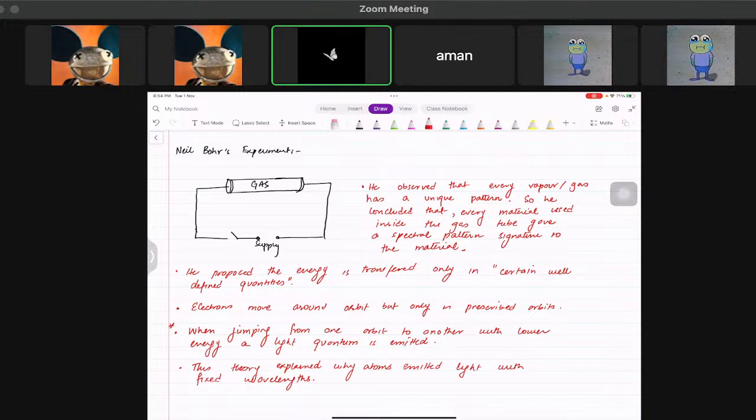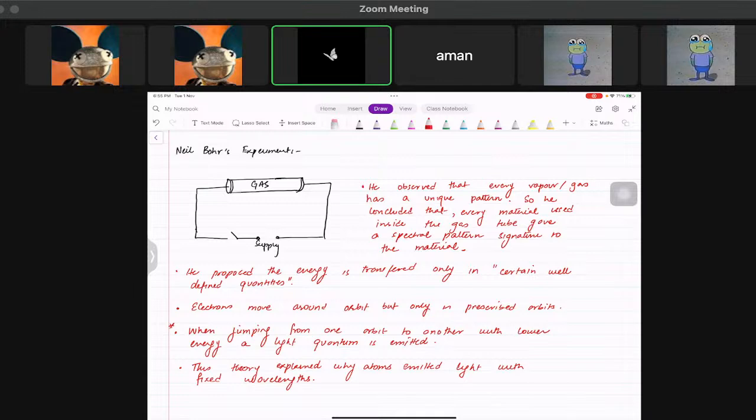Yes, sir. And what he's trying to say is that every gas that I put in this chamber that you see right now gives me a different spectral pattern that is very unique to the gas. So every gas, every material has a very unique structure that is a signature to it, and that's how we can categorize them. Do you understand?